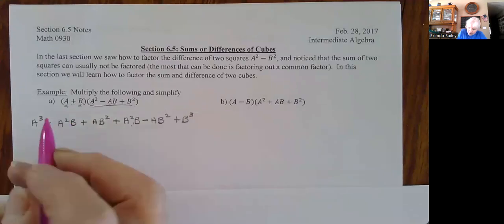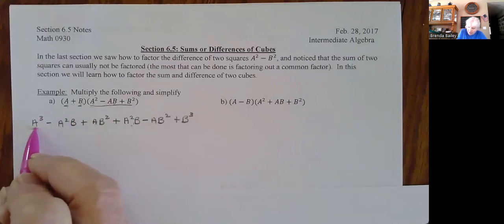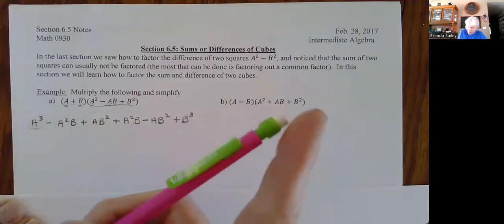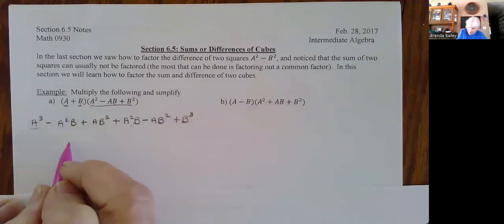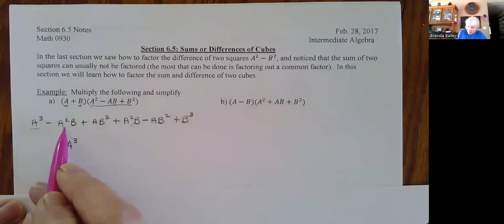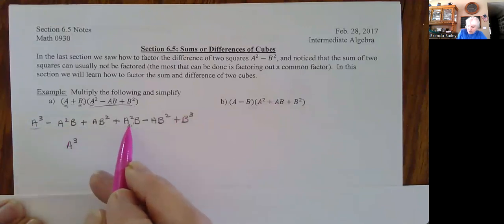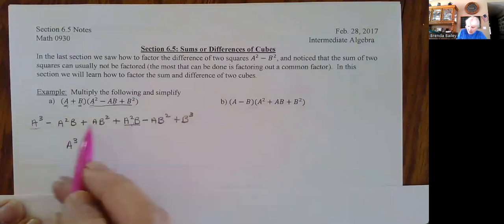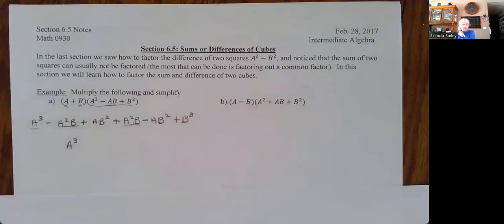Combining like terms. I have an A cubed, and there are no other A cubes. So we write down A cubed. We have a minus A squared B, and it looks like we have a positive A squared B. This one and this one. Those two are like terms, and so when we combine the coefficients in front, we get 0.